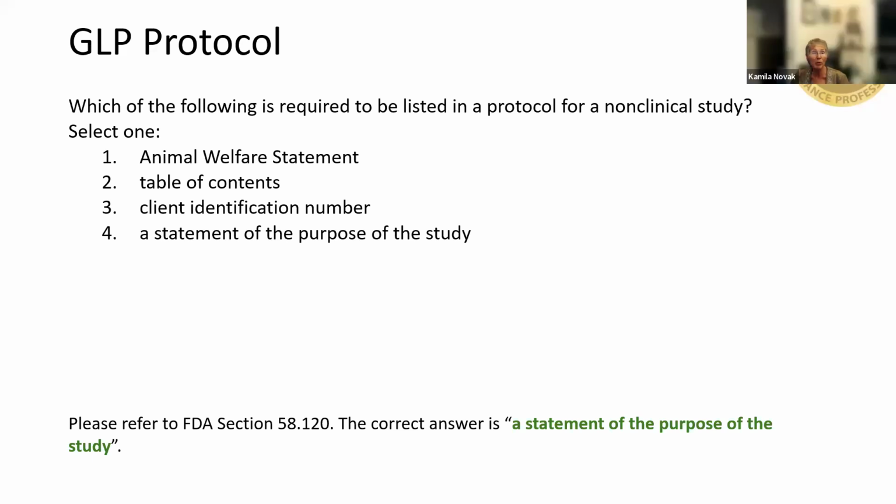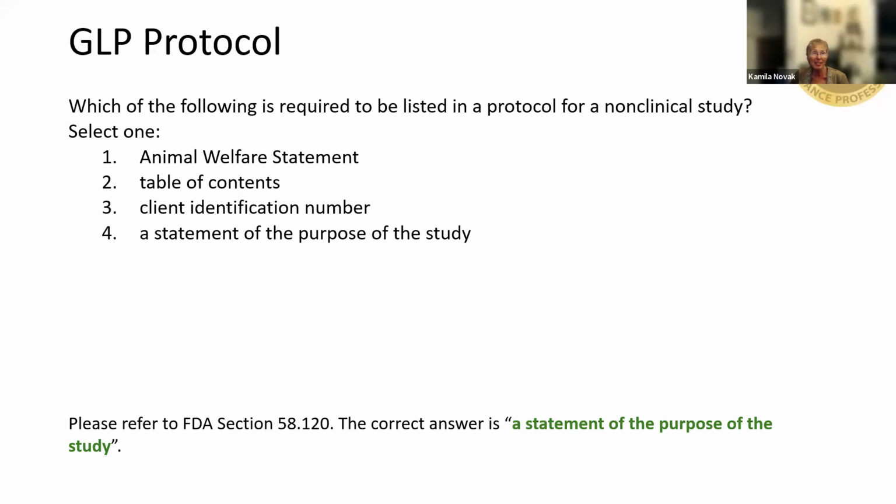Personally, I would expect most protocols to have a table of contents, just as Sherry said, because it's practical. It helps to navigate, it helps to orientate, to find things easily. I would also expect a version number. I would expect a couple of other things: good documentation, control, and practices.